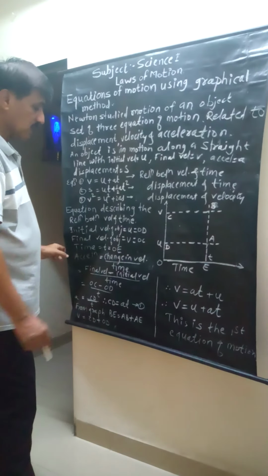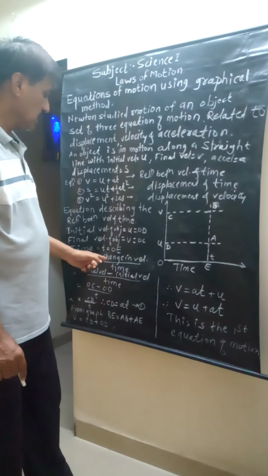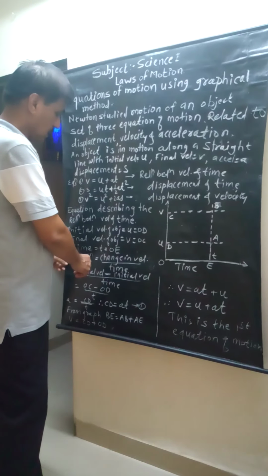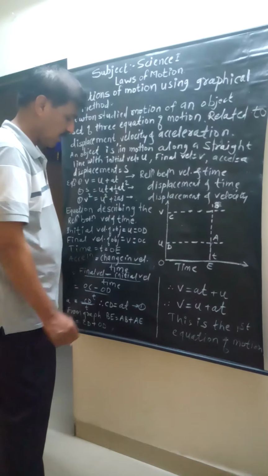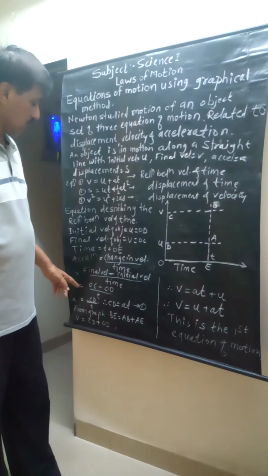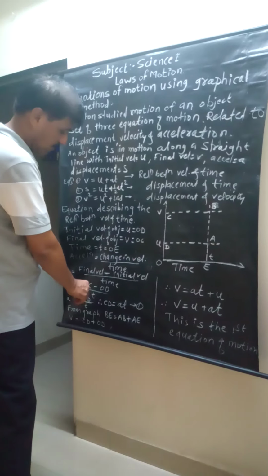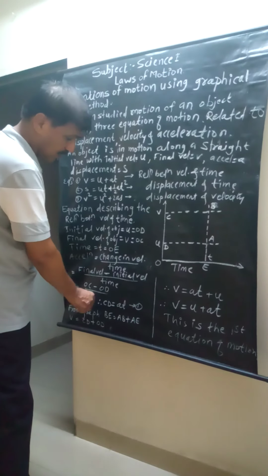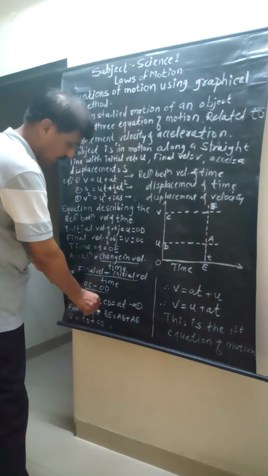Now what is acceleration? Acceleration is the rate of change of velocity. The acceleration is equal to change in velocity upon time, that is equal to final velocity minus initial velocity upon time, that is equal to OC minus OD upon time. That is a is equal to CD upon t. Therefore, CD is equal to at. This is the first equation from the graph.